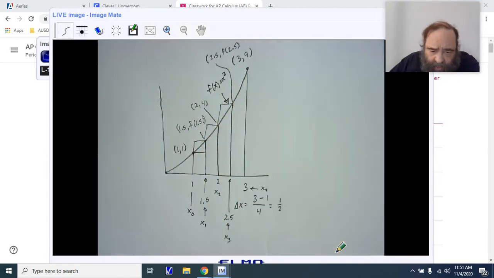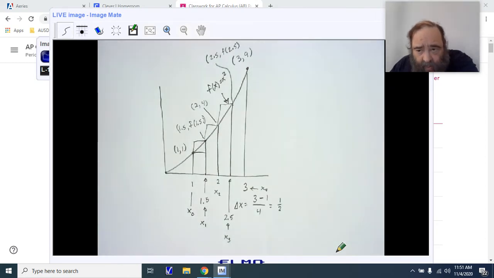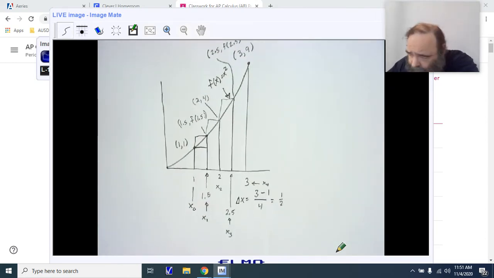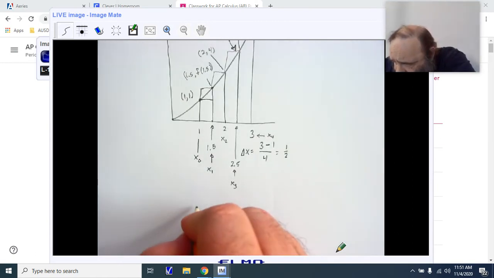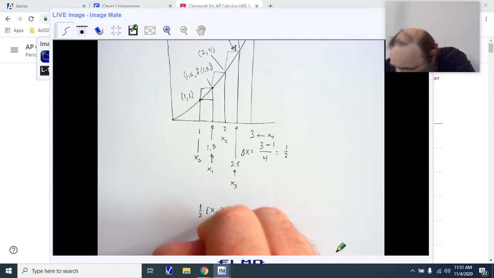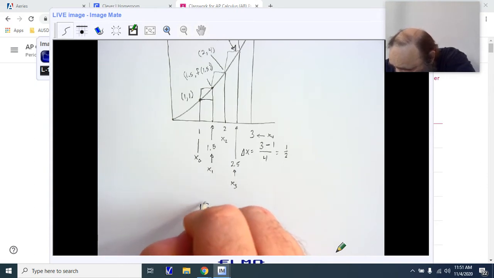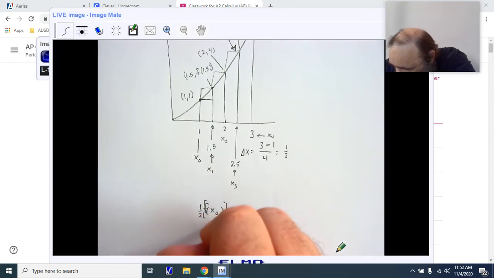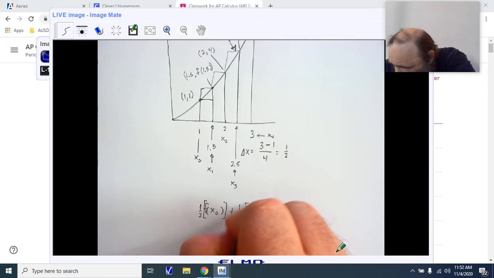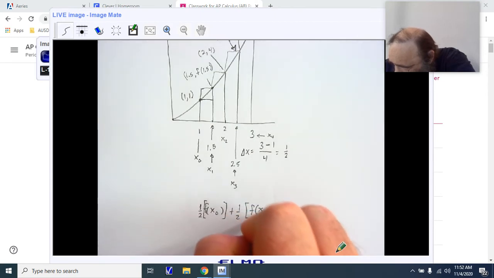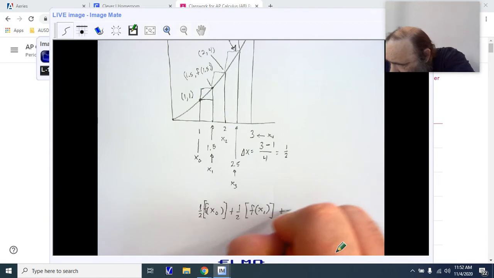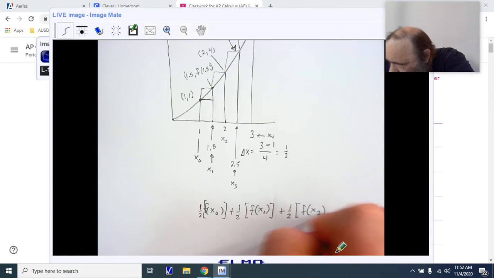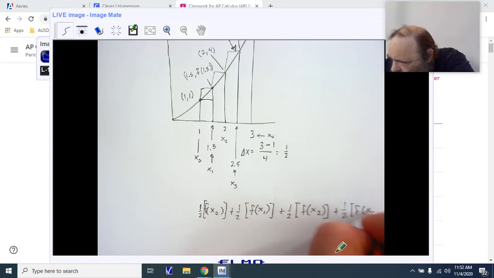So what we want to do is start connecting this idea to summations or sums. After all, I have my length, which is 1/2, times my height at x sub 0, plus 1/2 times my height at f of x sub 1, plus 1/2 times my height at f of x sub 2, plus 1/2 times my height at f of x sub 3.